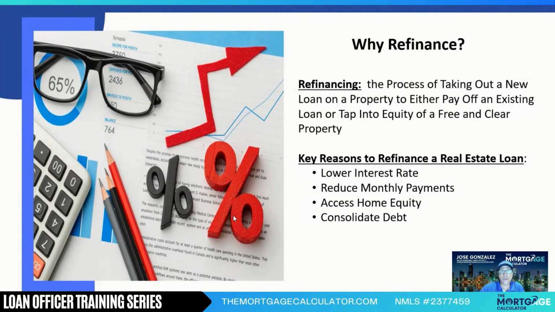Why refinance? What exactly is a refinance? Well, refinancing is the process of taking out a new loan on a property to either pay off an existing loan, which would be your rate and term refinance, or tap into the equity of a free and clear property, which would be a cash out refinance.